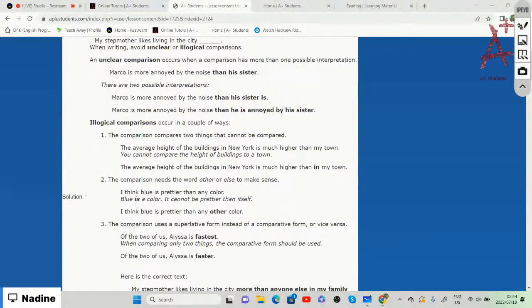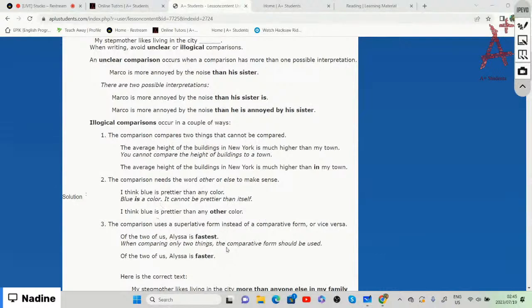The third one, if the comparison uses a superlative form instead of a comparative form, or vice versa, right? And remember, we said comparison form ends in er, like maybe faster, smarter, and the superlative form, the words end in est, like fastest, longest, right?